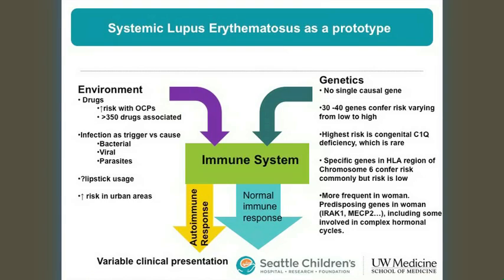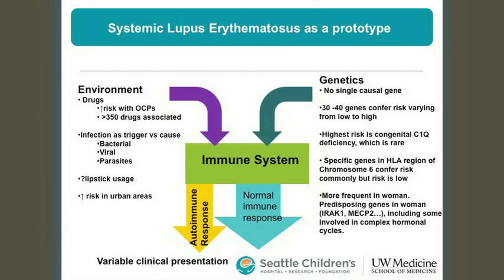Drugs can certainly be a trigger for a lupus-like disease, a drug-induced lupus, but may not have all the full-blown symptoms. There's increased risk with oral contraceptives. There's a big debate about infection as a trigger versus cause. Most people think it's a trigger, but there's still a group out there that thinks that certain viruses are a cause of lupus. A number of different organisms can act as these triggers.